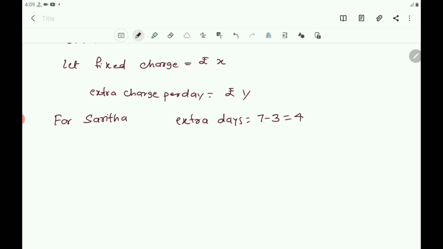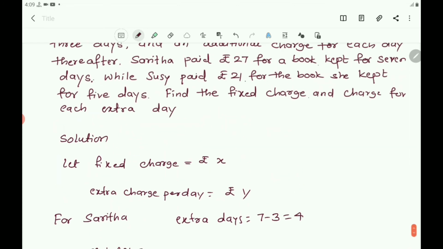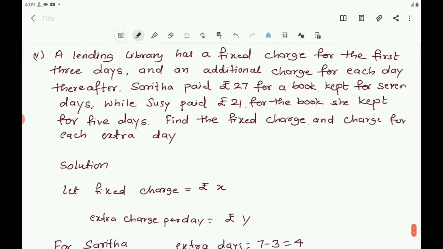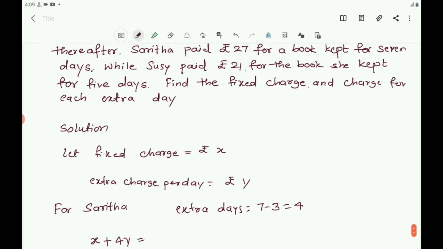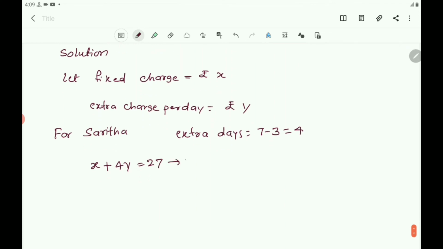So the relation becomes, fixed charges for 3 days is x, and for the remaining 4 days, that is 7 minus 3, it is 4y. Totally Sarita paid 27 rupees. Consider this as the first relation, and this is for Sarita.